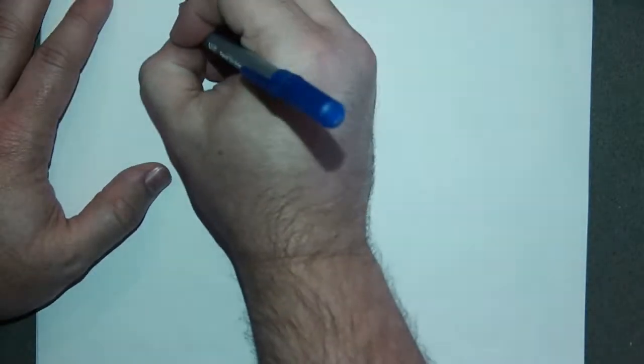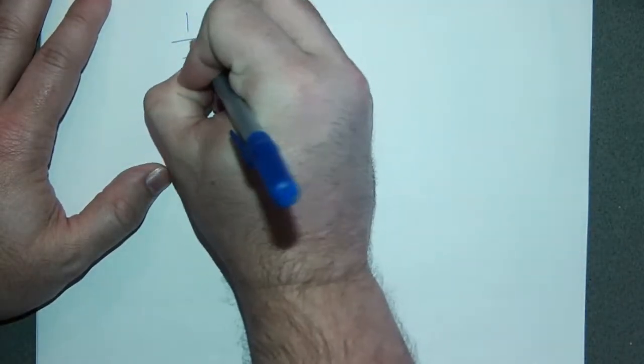What about considering the reciprocal, 1 over z to the c? How can I think about this?